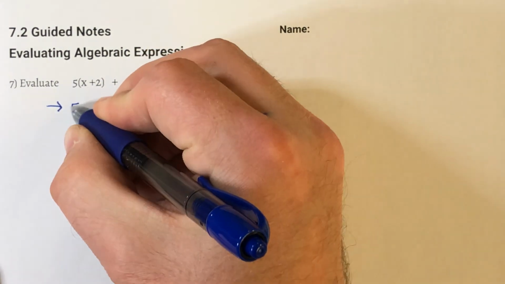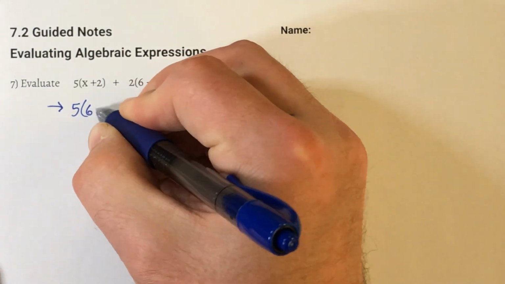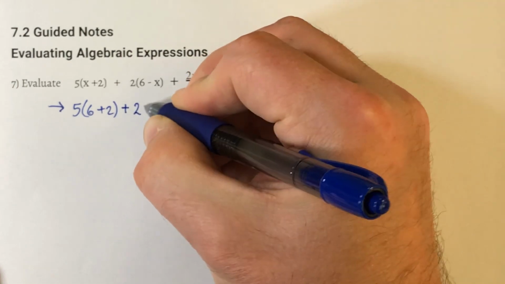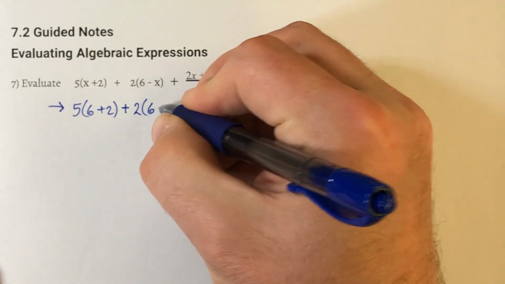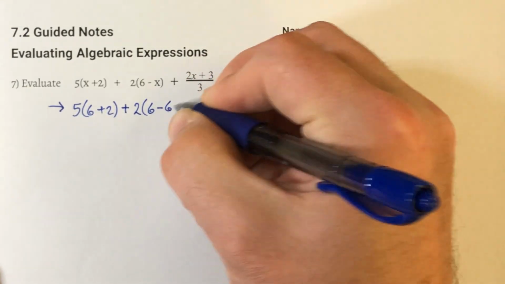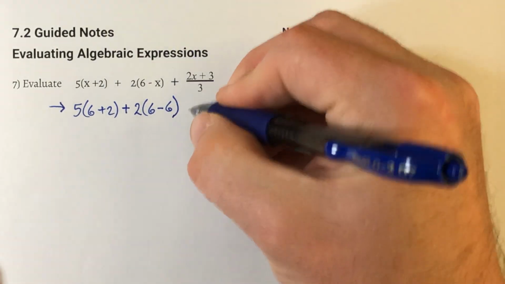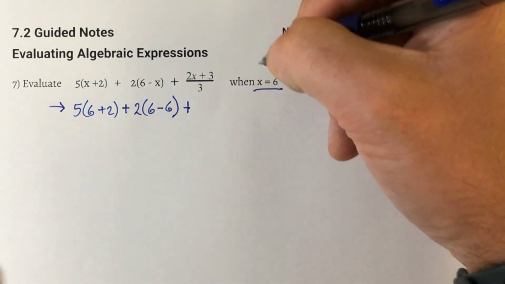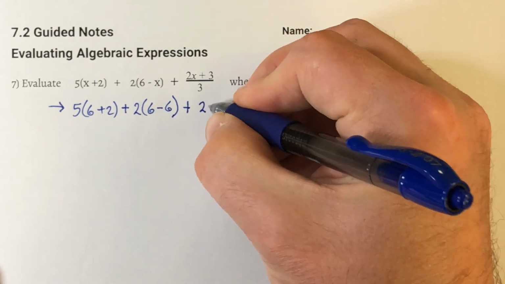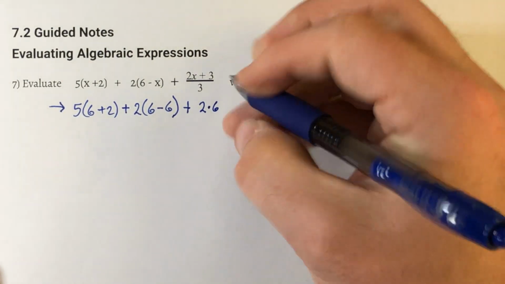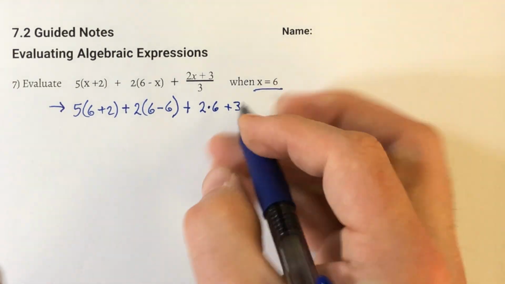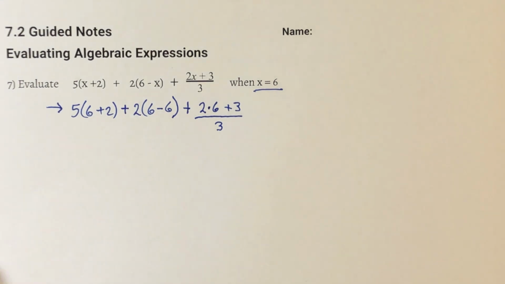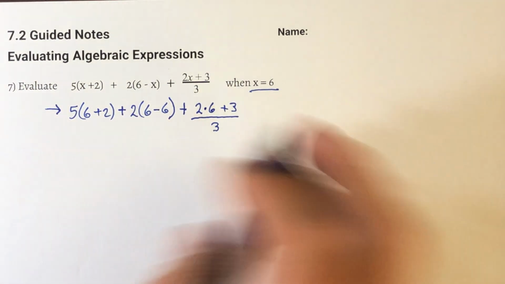So 5, parentheses, 6 plus 2, plus 2, parentheses, 6 minus 6, plus, remember 2x, that means 2 times whatever x is, so that would be 2 times 6 plus 3, and don't forget all of that is over 3. So first step, just simply replace.